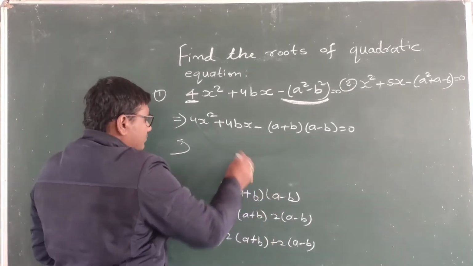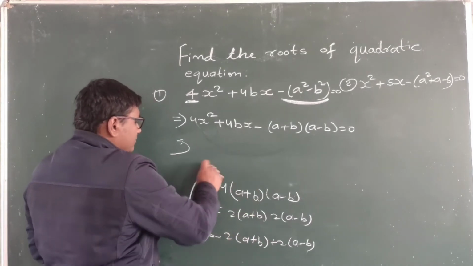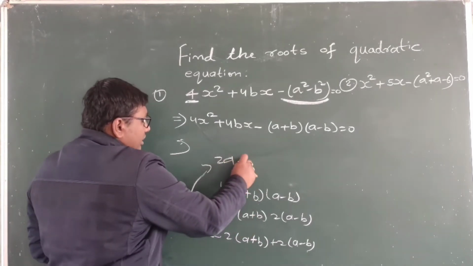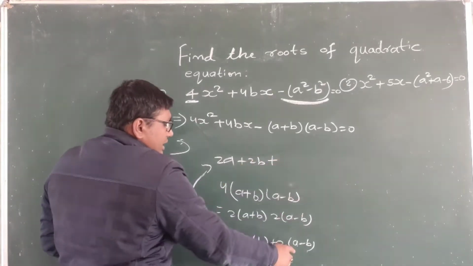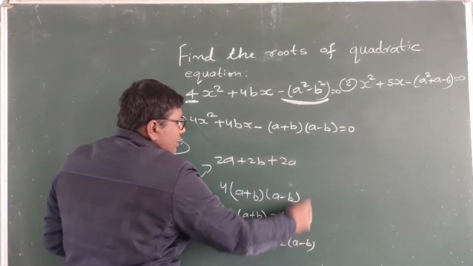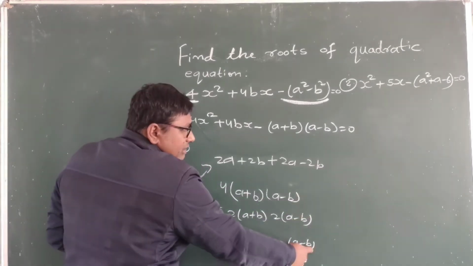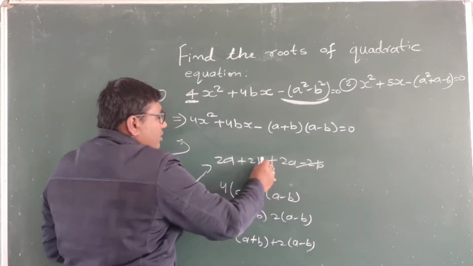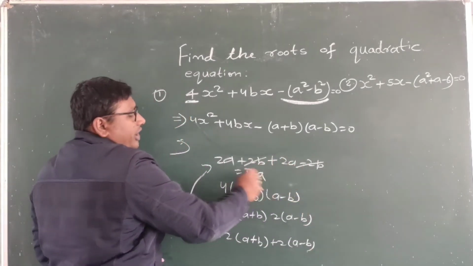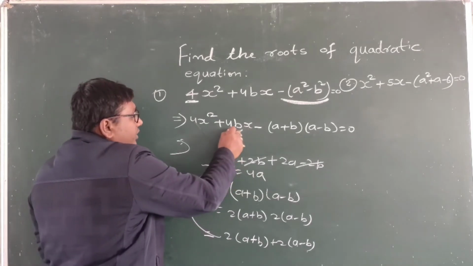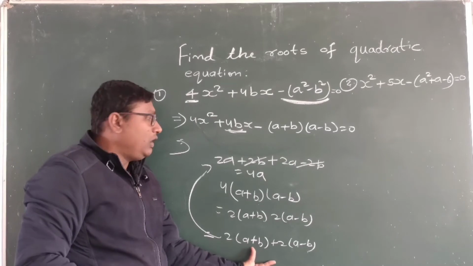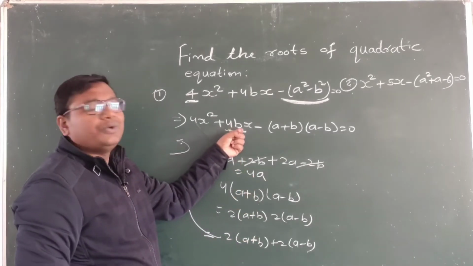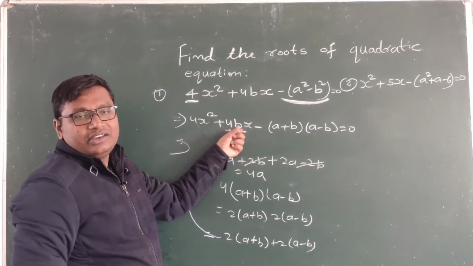So 2a plus 2b, and plus 2a minus 2b, since 2 into minus b is minus 2b. So minus 2b will cancel, and we will be getting 4a. But we need 4b over here. So whenever we add these two terms, we will not be getting plus 4b. Now what to do?